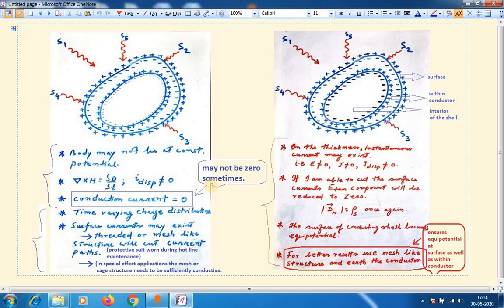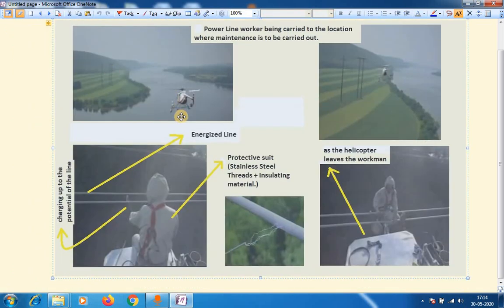For example, in this case, this is a hotline maintenance worker. Now, he works over an energized line, and he has to wear a protective suit which is made of stainless steel threads and insulating material.